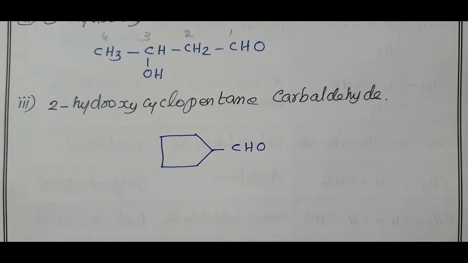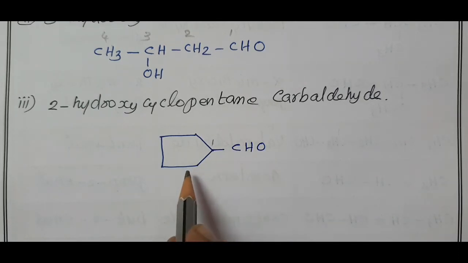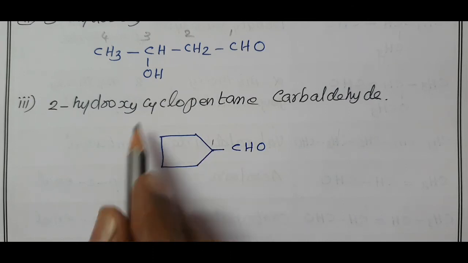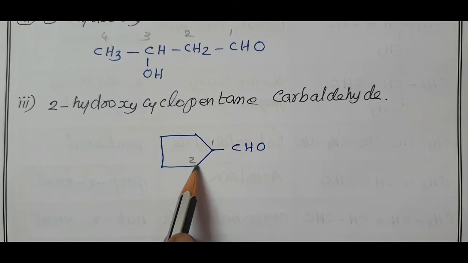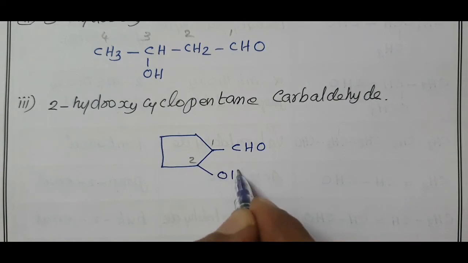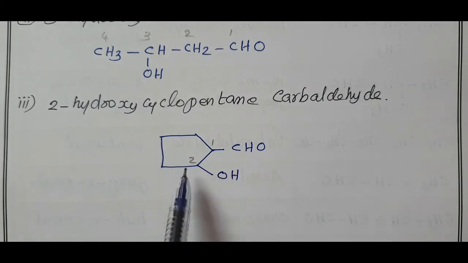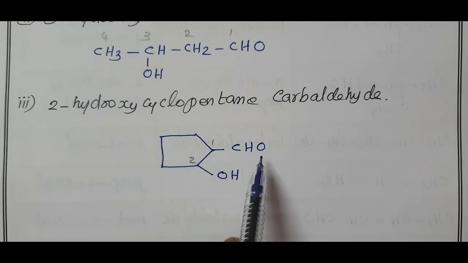If the aldehyde attached position is 1, we can start numbering either clockwise or anti-clockwise. This position is the second position. In the second carbon atom, we have one OH group. This is 2 hydroxy cyclopentane carbaldehyde, compound number 3.